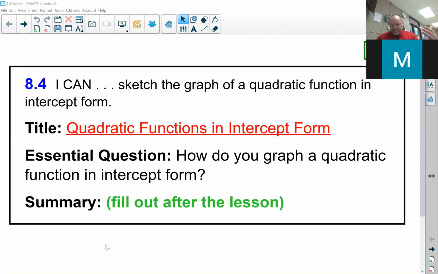Again, if it's marked missing, you still have the opportunity to turn it in for full credit. And you have that opportunity through, I believe, next week. And then next week when we start is when I believe our 4-week progress report grades are due.